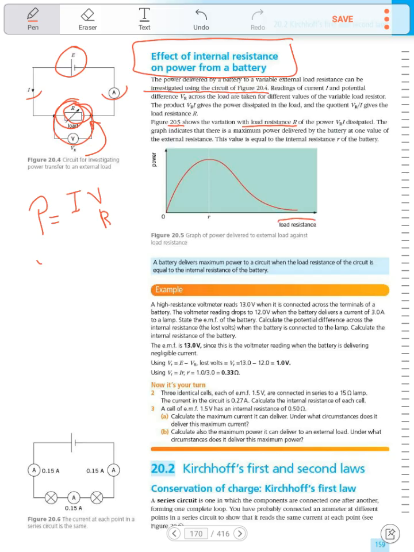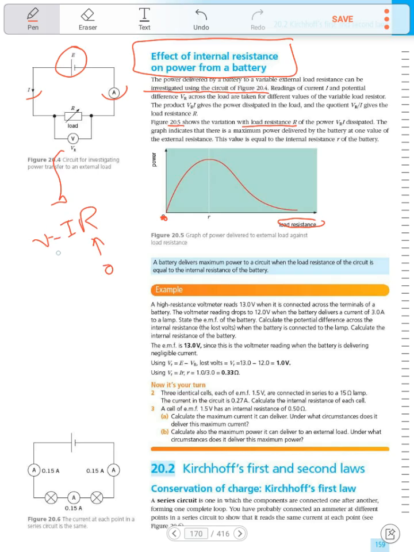We have here a load resistance, and the amount of the external resistance increases from 0 till a maximum value. If the resistance of the variable resistor is 0, the power is 0 because there is no reading on the voltmeter, because V equals I multiplied by R.